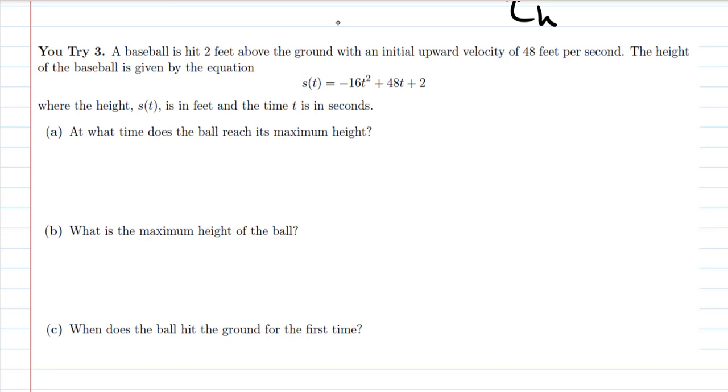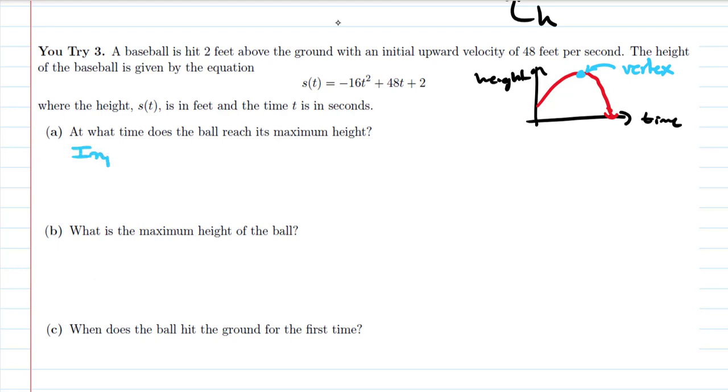Well, if I draw just a little sketch to help me see what's going on, our input is time and our output is height. And we have a parabola that looks something like this. We're asked, at what time does the ball reach its maximum height? Well, this is a parabola, so we know its maximum is going to occur at the vertex. So that's going to be our input at the vertex, h.